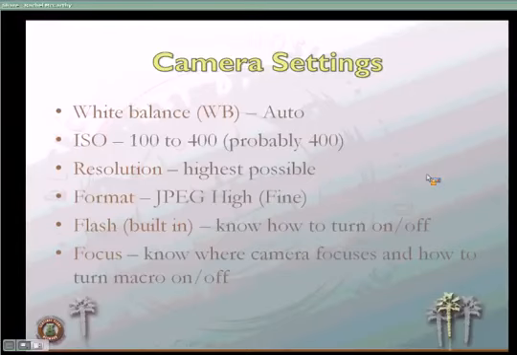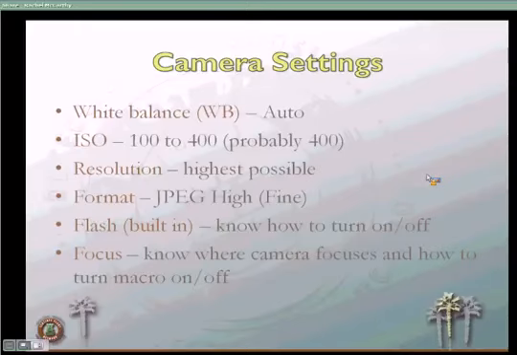For the resolution of your camera, you're going to want to leave it set at its highest possible resolution. This will probably be the way the camera is shipped. So if you have an 8 megapixel camera, you're going to want to use all of those 8 megapixels in the pictures when you take them. Now for the format you're going to save your pictures in, you have multiple options, especially with the digital SLRs.